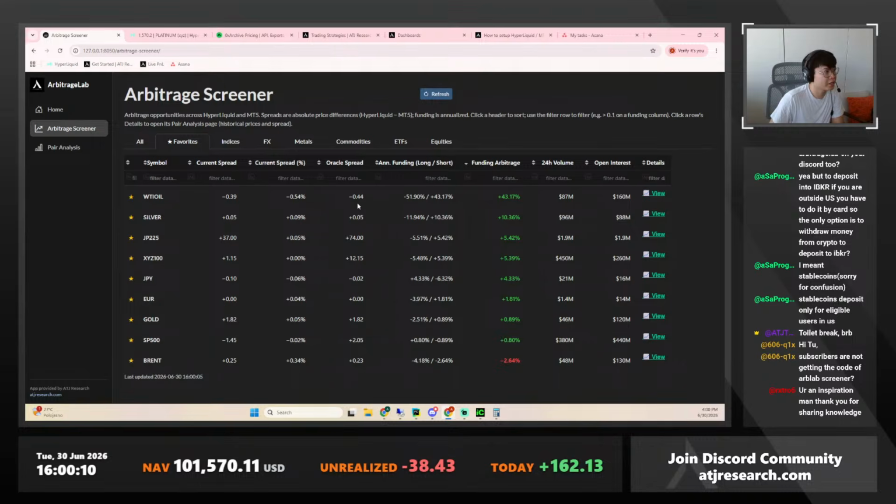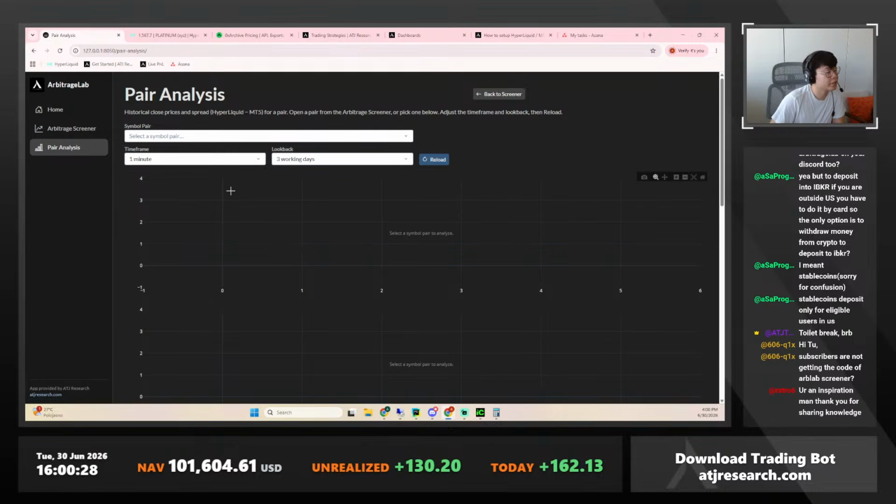So here we have 0.44 drift from the Oracle spread. I also need to check how far the Oracle spread drifts away from the MT5 price. And this requires some, oh yeah, I forgot to add it.